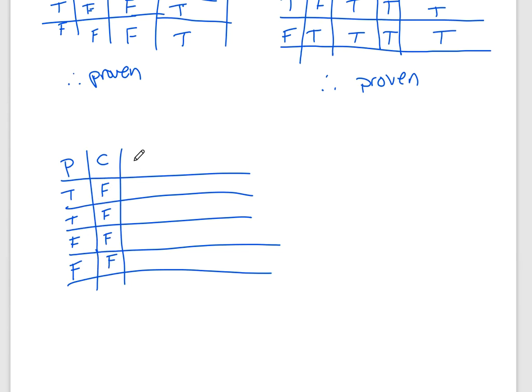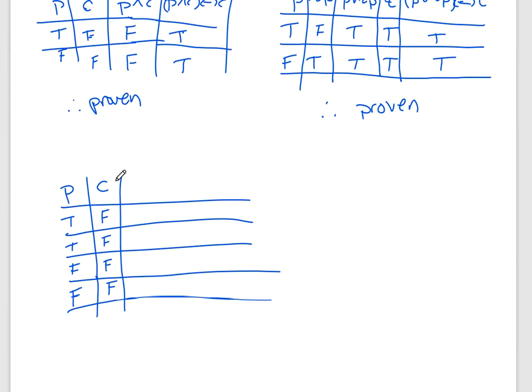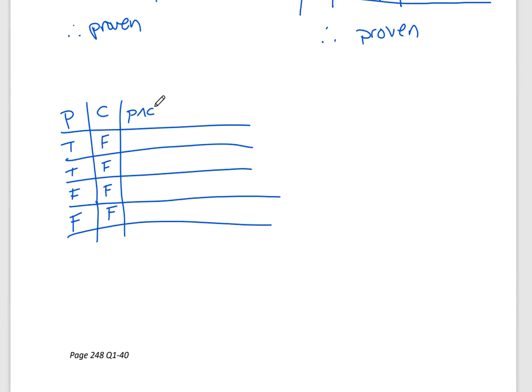So even if I continue on with this property, we did P and C, and then our biconditional with C. Even if I did this, right, P and C is still going to give me false, false, false, false, and so we'll get true, true, true, true. So you're still going to get the same table, and technically this is correct. It's just more work on your part.